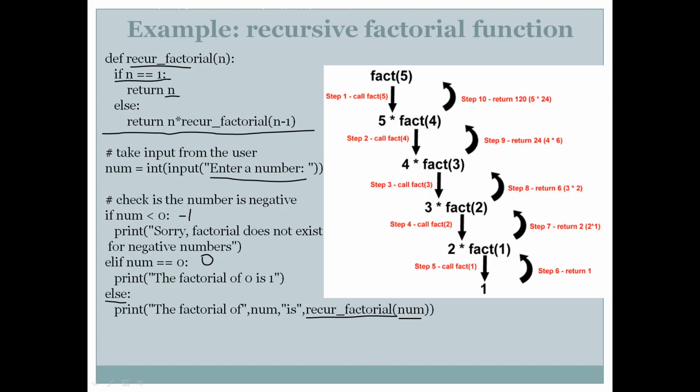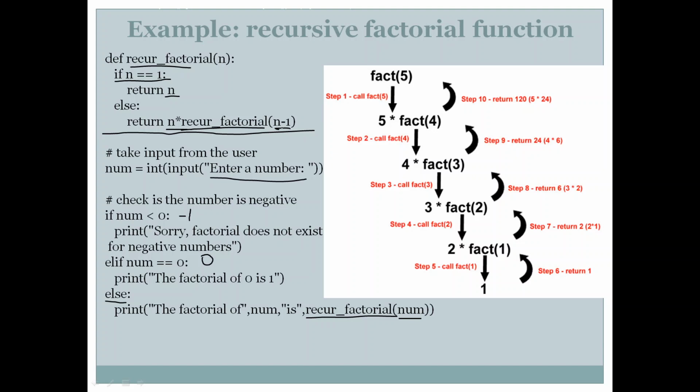Otherwise, if n is not equal to 1, what we are doing is important: we return n multiplied by, again, a call to the same function. You can see we are inside the body of recur factorial, and from inside the body of recur factorial we are again calling recur factorial, and this time we are passing a value 1 less than the value we received.